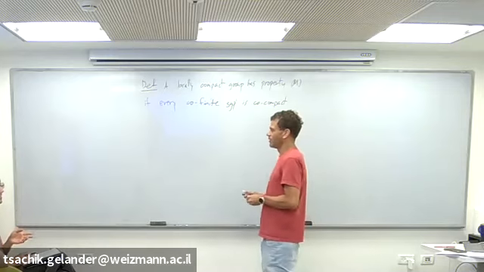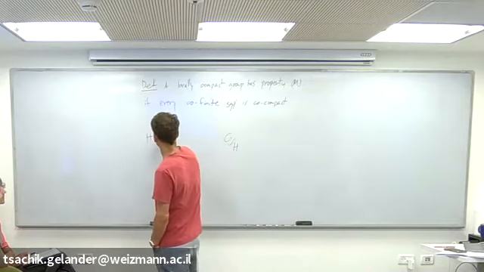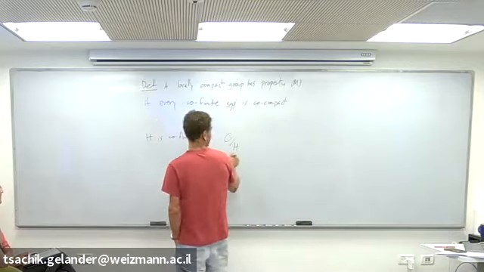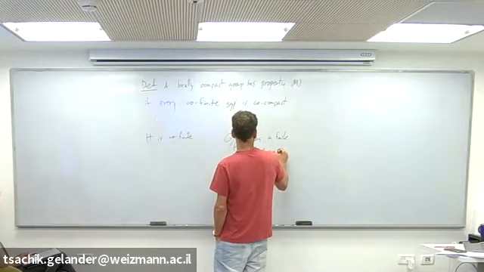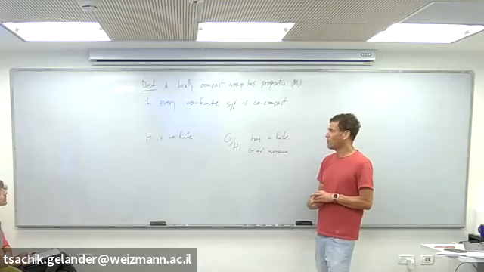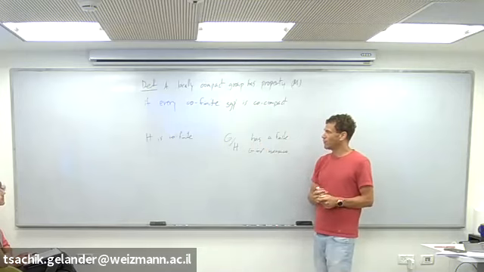Right, cofinite means that G mod H, H is cofinite, means that G mod H has a finite G-invariant measure. So if H is discrete and co-compact, then it's easy to see that it's cofinite. In general, if H is co-compact, it doesn't mean that it's cofinite.